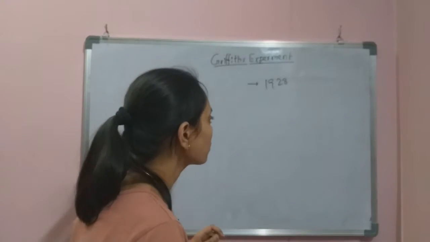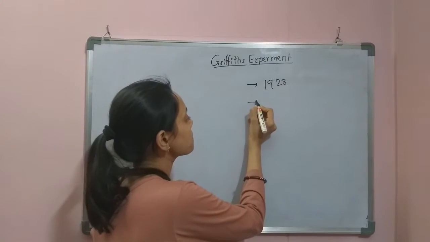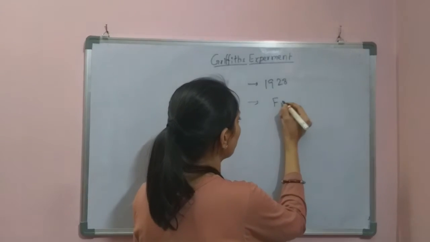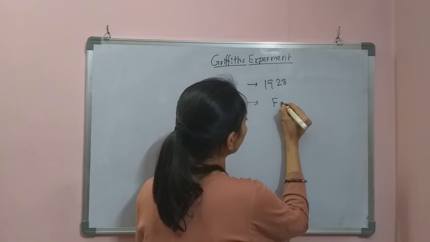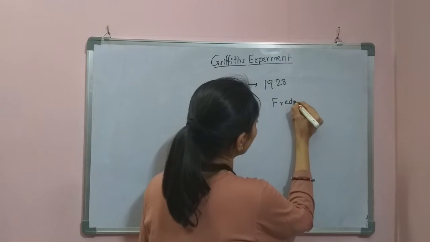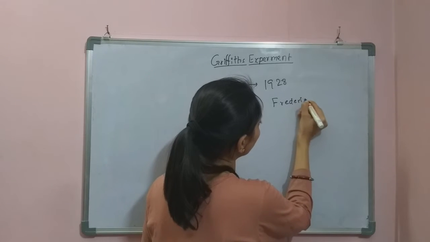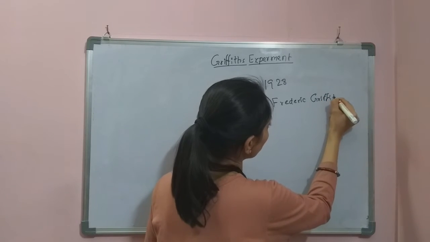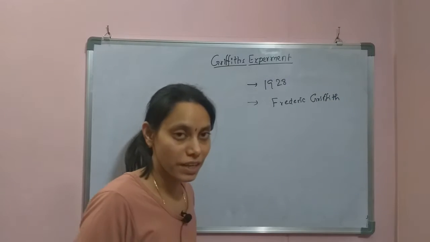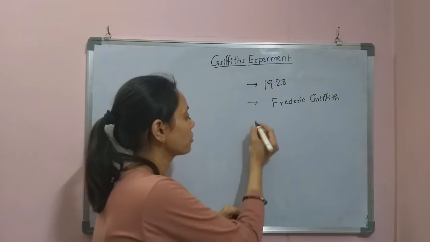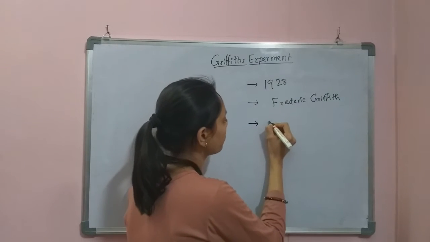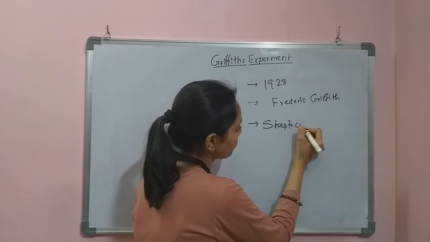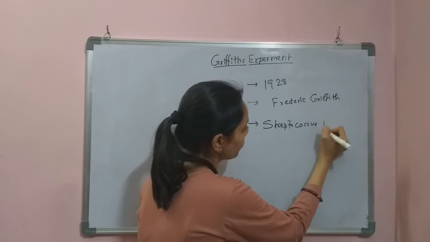The scientist named Frederick Griffith, in the year 1928, carried out this transformation experiment in the bacteria called Streptococcus pneumoniae.